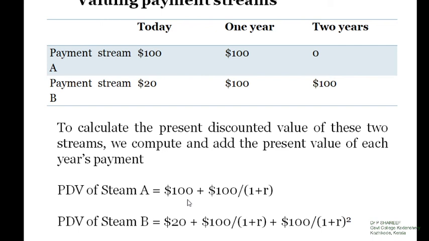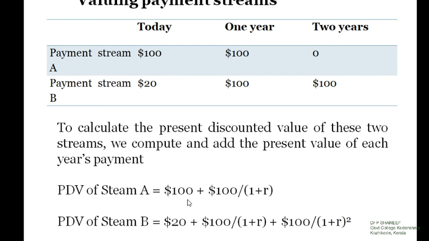Thus total $220. So to examine which payment stream is better, we have to calculate the present discounted value.